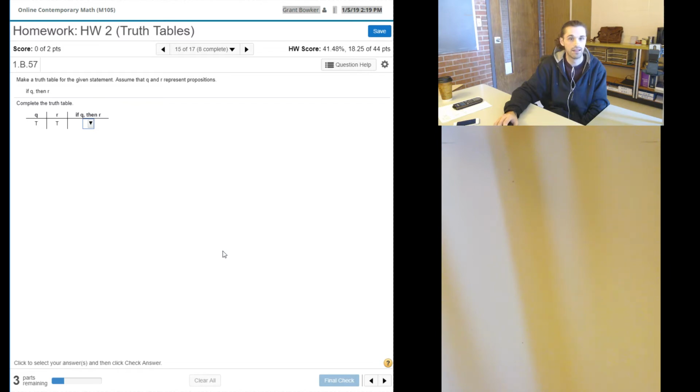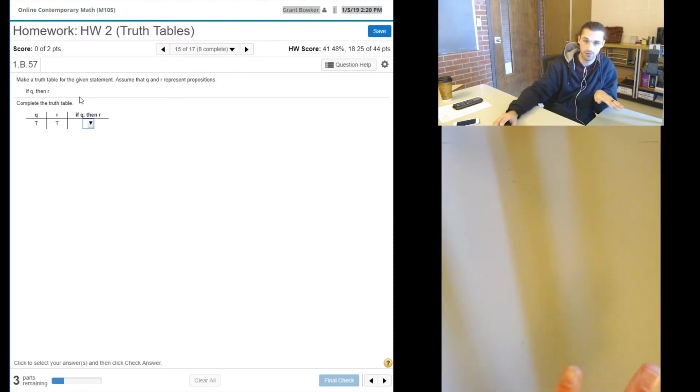All right, the big bad conditional. So, if Q then R. A conditional statement or an if-then statement is always true except for one condition. There's only one condition where you will get a false implication.